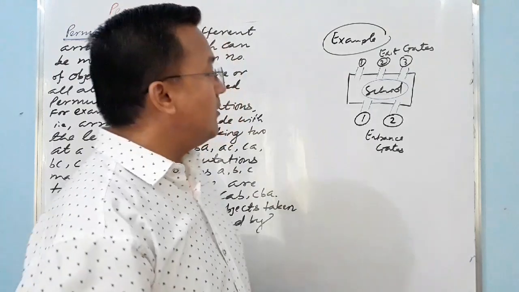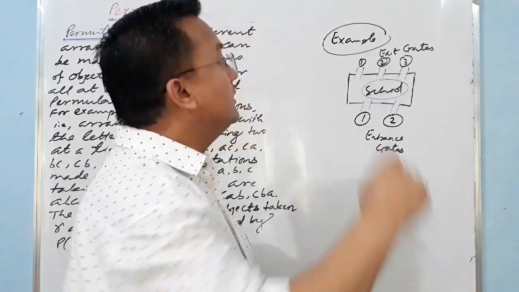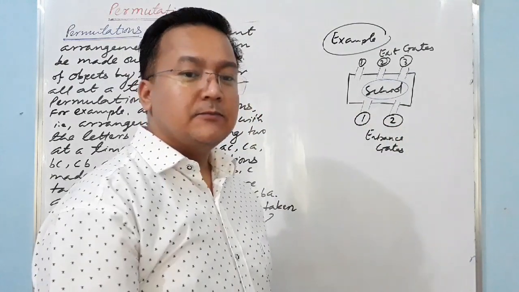Let's suppose we have in a school 2 entrance gates and 3 exit gates.